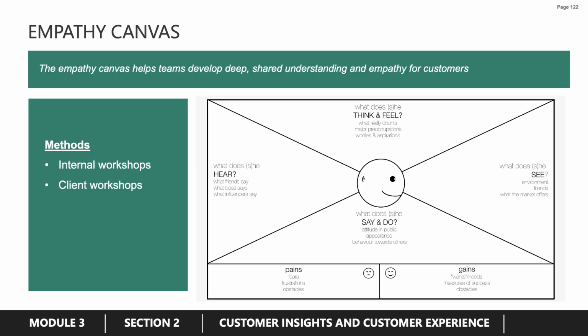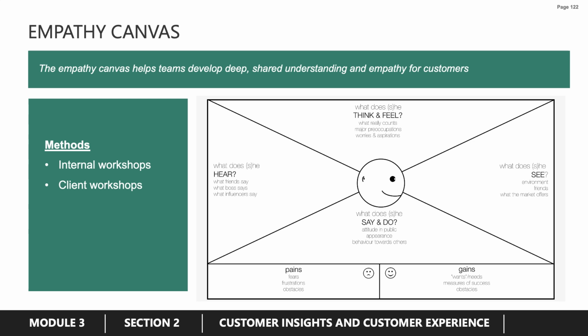What else can we use? One of the things we know is that people don't just buy because of rational things. So in other words, we need to understand the customer in a far, far deeper way. We need to think about what they hear and what information sources they get. What do they see? How do they think and feel about things?